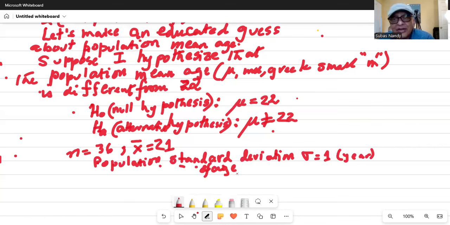So somehow we have to compare the sample mean of 21 to the hypothesized value in the null hypothesis of 22. Okay. So one thing is for sure, we'll assume the null hypothesis to be true, that is mu is equal to 22, and proceed with our testing. Okay. So for sure, the next steps, which I will discuss in the next video, pardon me for that. Now you think about what we need to do.